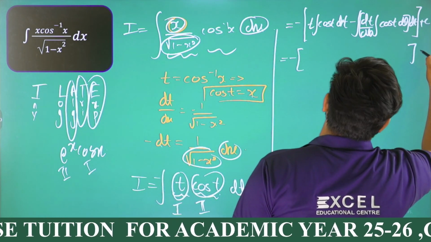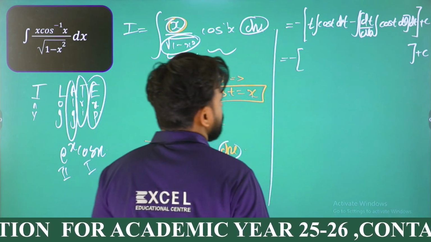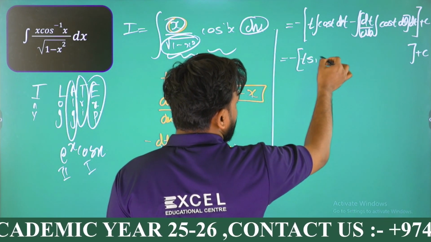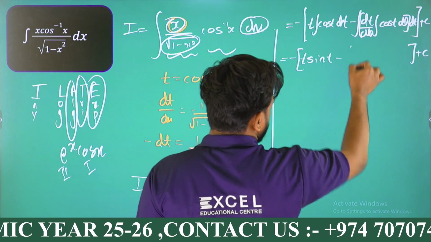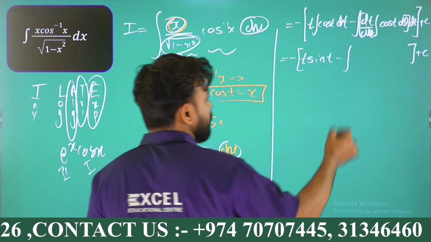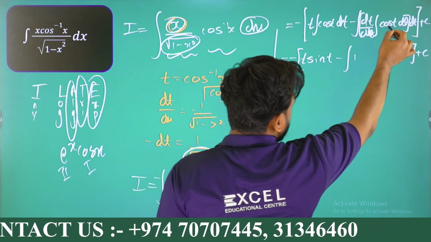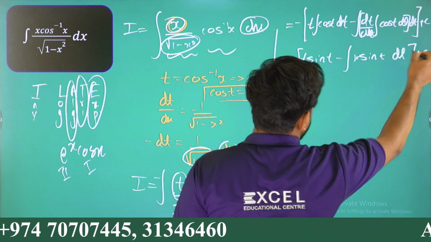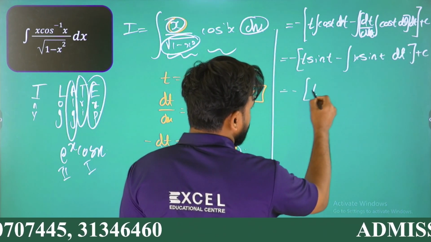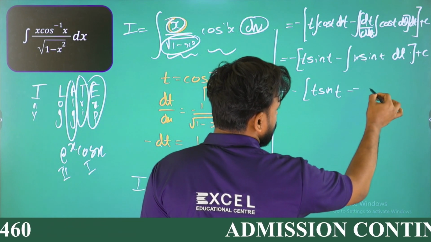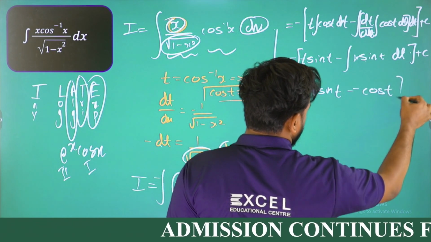I'll put a plus c here for the integration. So t, integral of cos t is sin t, minus integral of derivative of t with respect to t, which is 1, into integral of cos t, sin t, dt. Minus of t sin t minus integral of sin t, which is minus cos t, plus c.